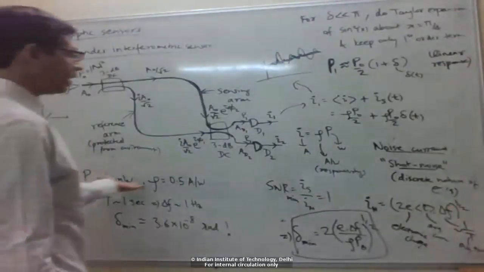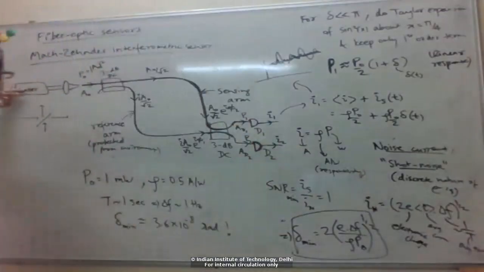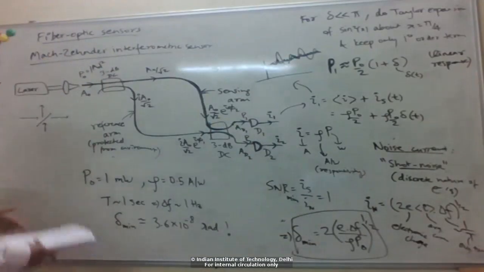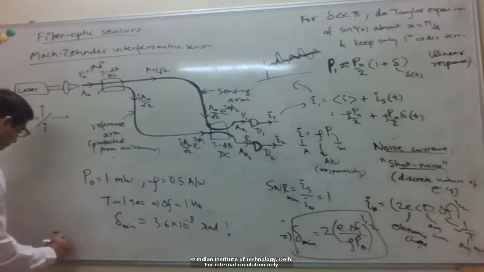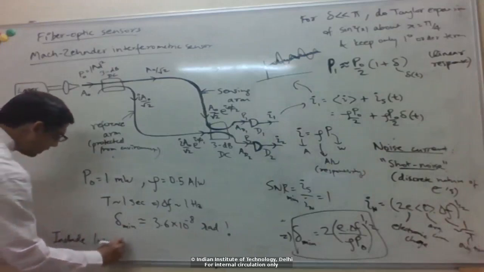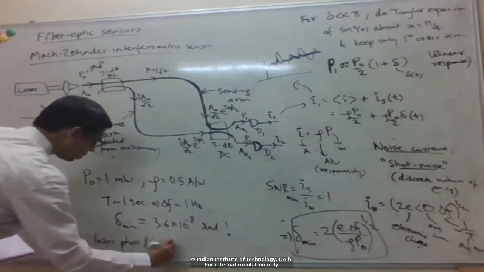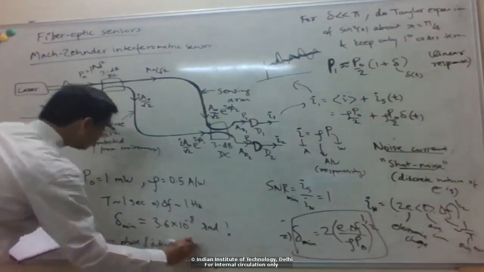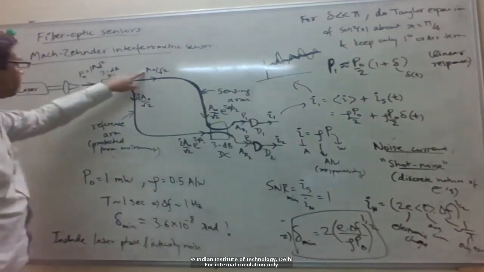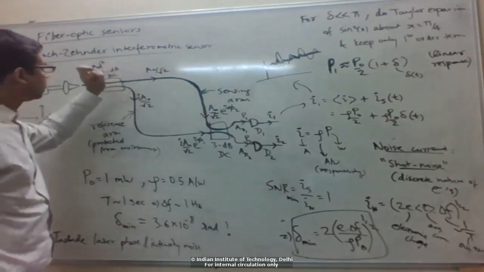Okay, so here we just included the noise in the detector, right? But typically there will also be some noise in your laser. So if you include laser phasor intensity noise also, that basically means this amplitude, which we've taken to be a constant A naught, is not constant.